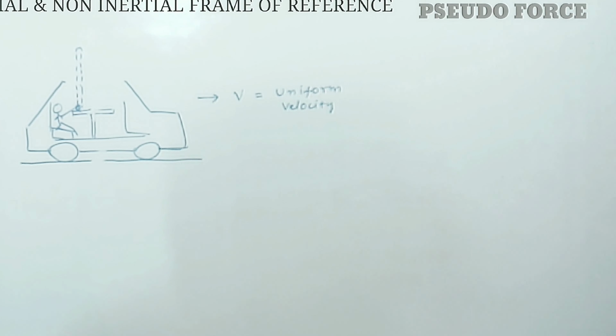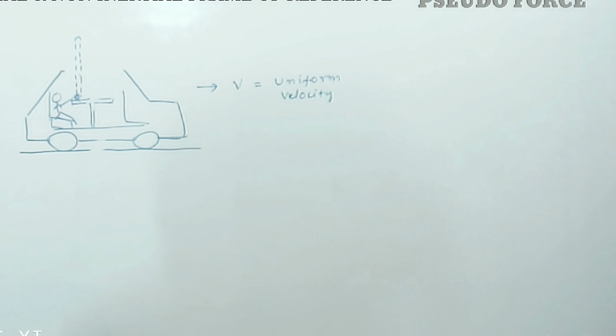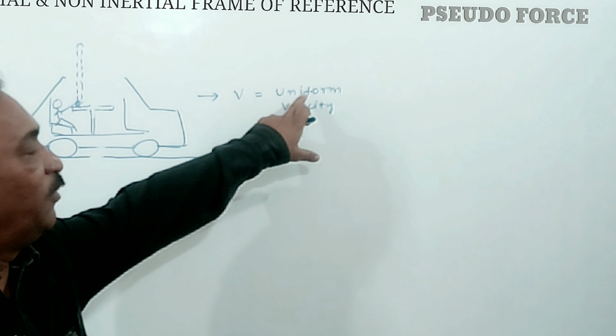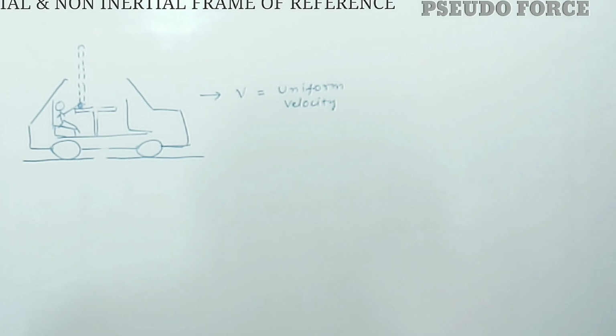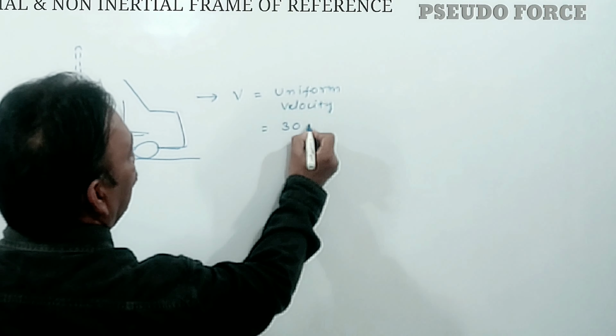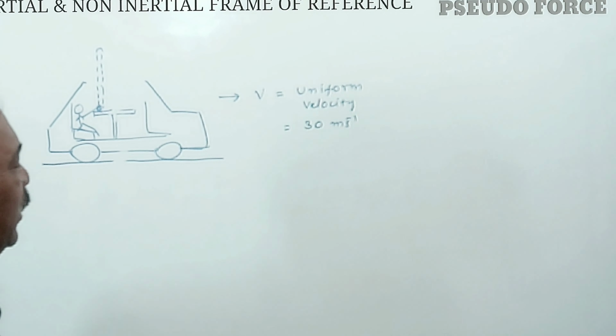Understanding, students? He is throwing the ball up and it is coming back into his hands again, because it has a velocity which is said to be uniform velocity. Let's say this velocity is 30 meters per second, for example. That means what?